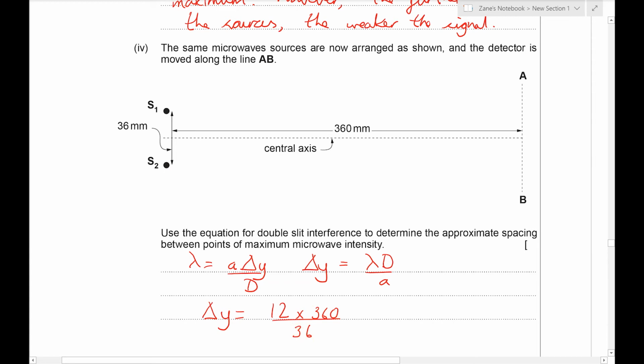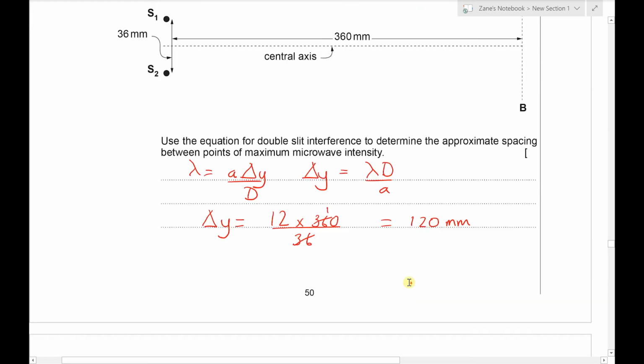Now notice each of those units is in millimeters, so all I need to remember here is that the answer is going to be in millimeters. There's no real need to convert between units. 36 divides into 360 10 times, so hopefully we can easily see that this fringe spacing, as it's known, is 120 millimeters.